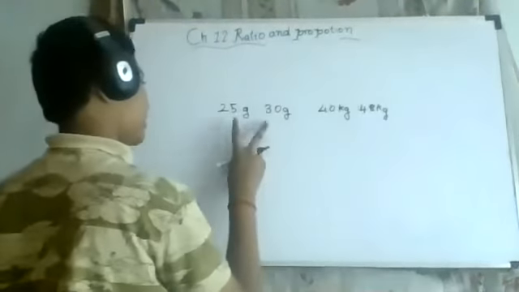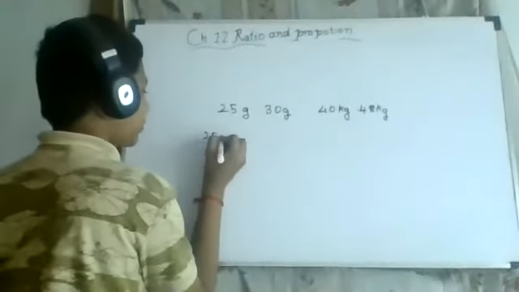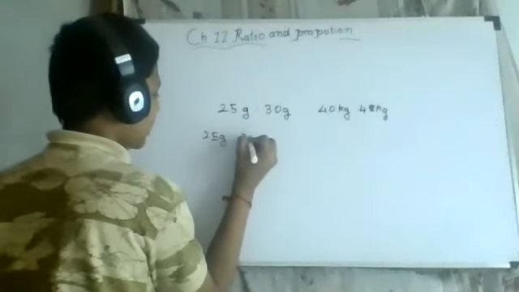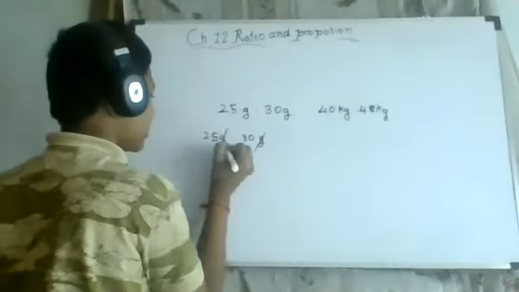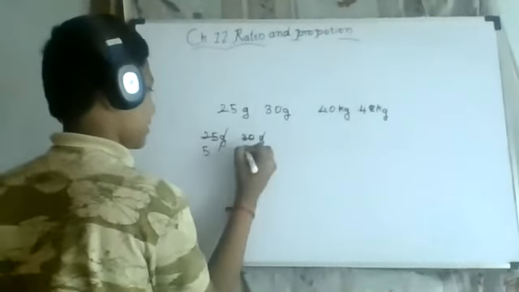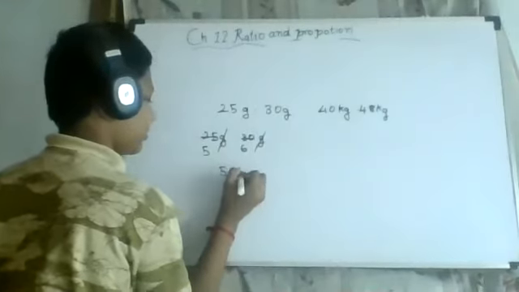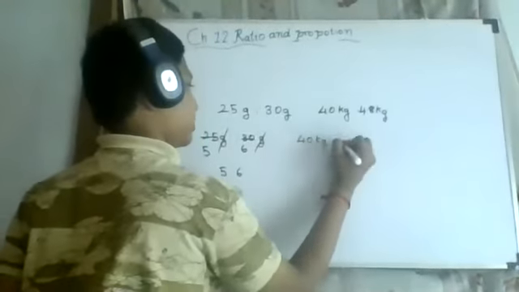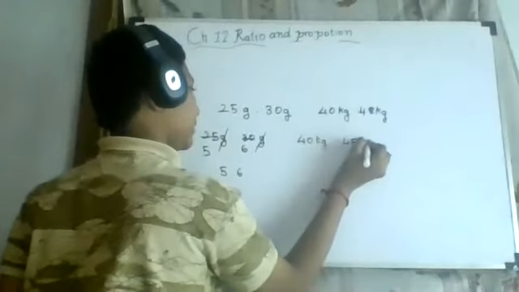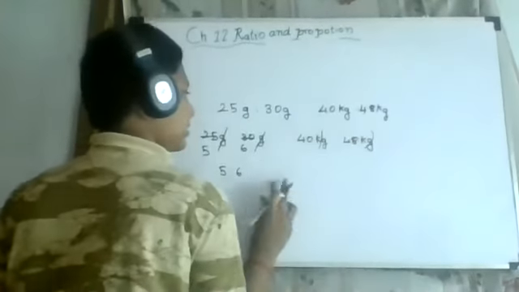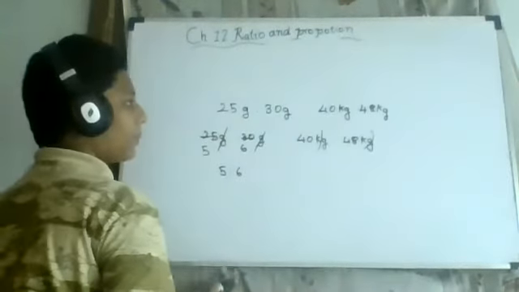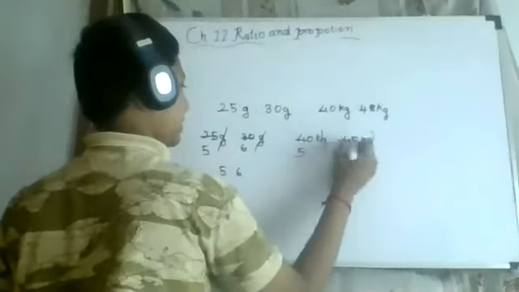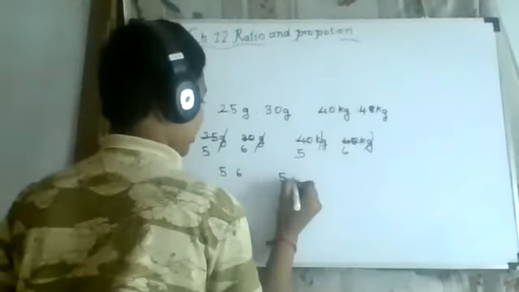First, let us simplify these ratios first. 25 grams, 30 grams, grams cancel. 5 fives are 25, 5 sixes are 30, so 5 is to 6. This one, 40 kg is to 48 kg. 8 fives are 40, 8 sixes are 48. This is also 5 is to 6.